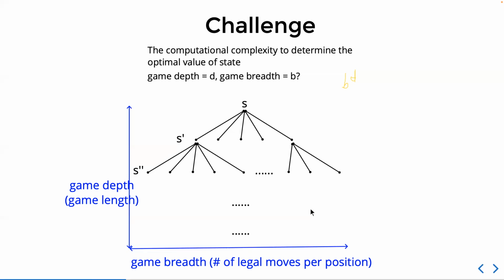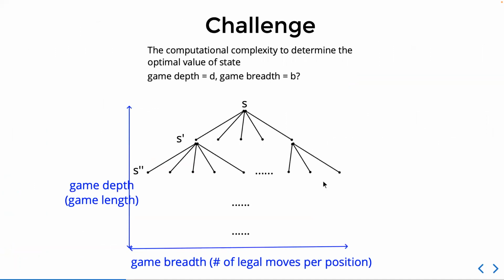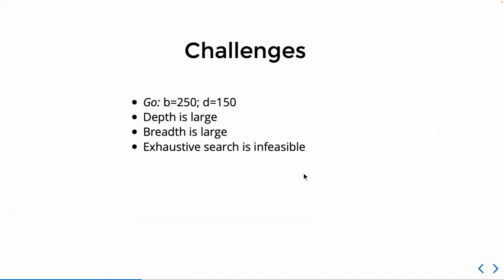So for the game of Go, because both b and d are large, that makes exhaustive search infeasible. Ruofan, can you explain a bit why B is 100 or 250 and the depth is 100 or 150? I don't know. You don't know, so you didn't look into the rules of the game Go. I think one is the number of board positions, the other one is the game length. So for the game of Go, it usually takes 150 moves to finish the game.